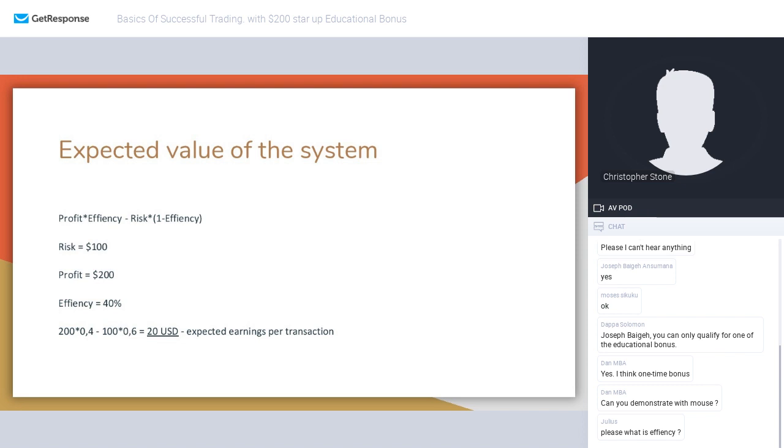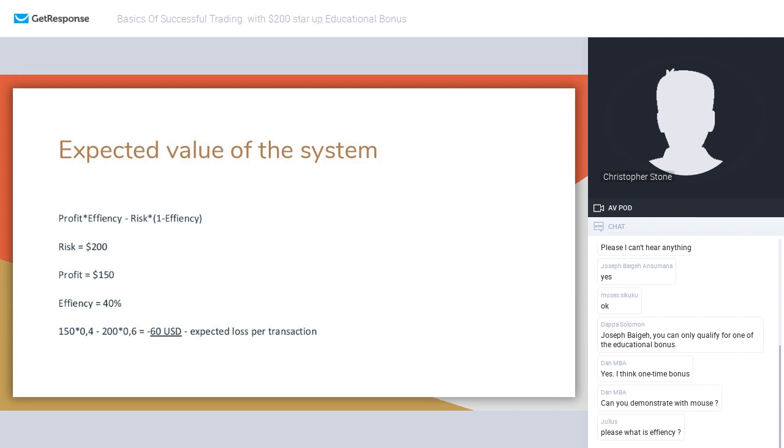Next, what will happen if our risk is, for example, 200 and our profit is $150 and efficiency 30%? Well, in this case, we will have profit $150 multiplied by 0.4, minus 200 risk multiplied by 0.6, which is minus $60, an expected loss per transaction.